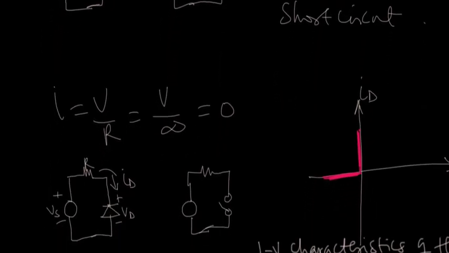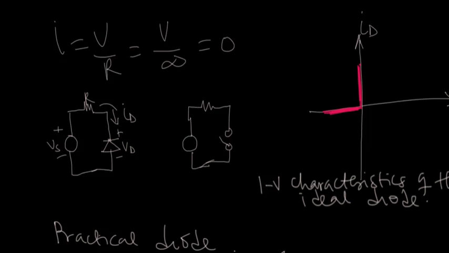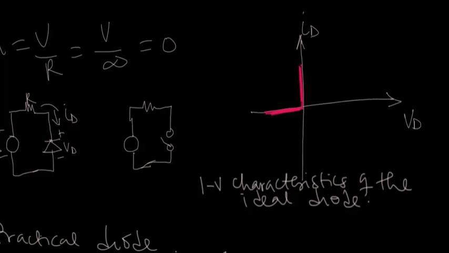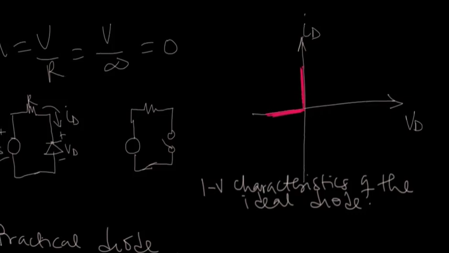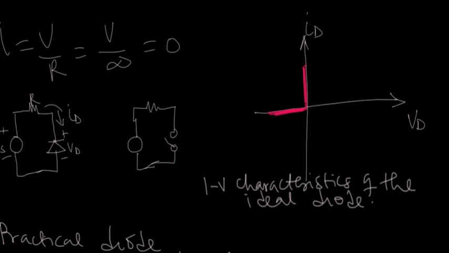In the reverse direction, it offers an infinite resistance to the flow of current, and so the current is 0, it is similar to a switch that is open, and so it is open circuited. And that is the IV characteristics of the ideal diode. You see a straight line in the I direction, the positive direction, and a straight line in the VD direction in the negative axis.